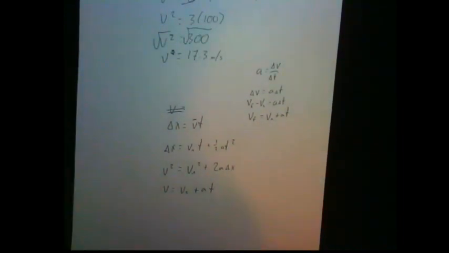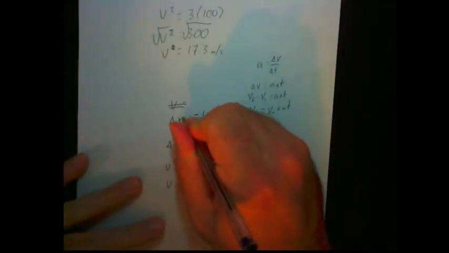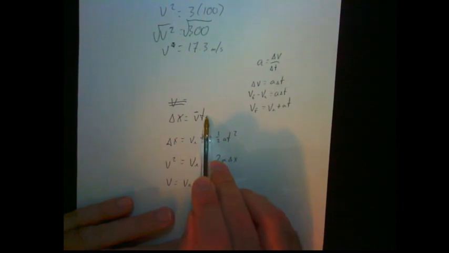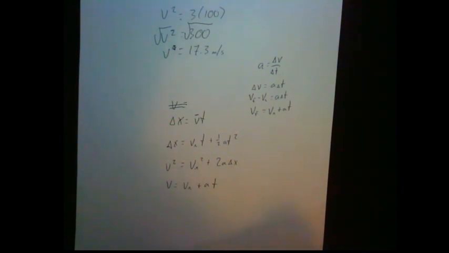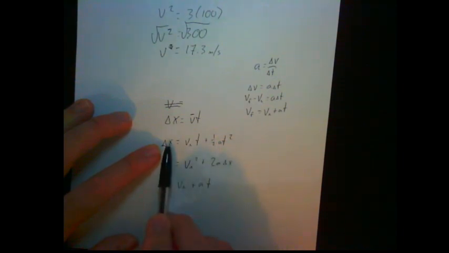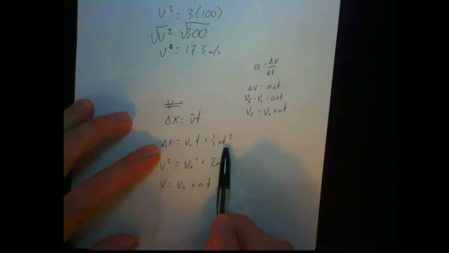Now we have 4 equations. How do we know which one to use in each circumstance? The answer is based on our givens. This one is only, let me say it one more time, only used when there is no acceleration. This one is used when we are comparing displacement, acceleration, and time.